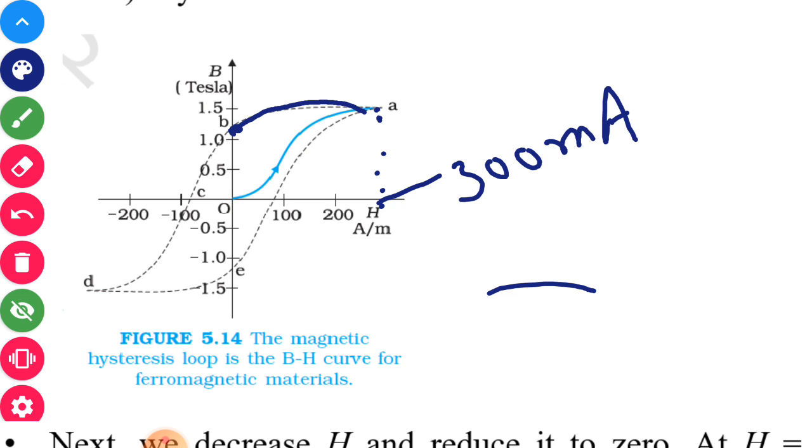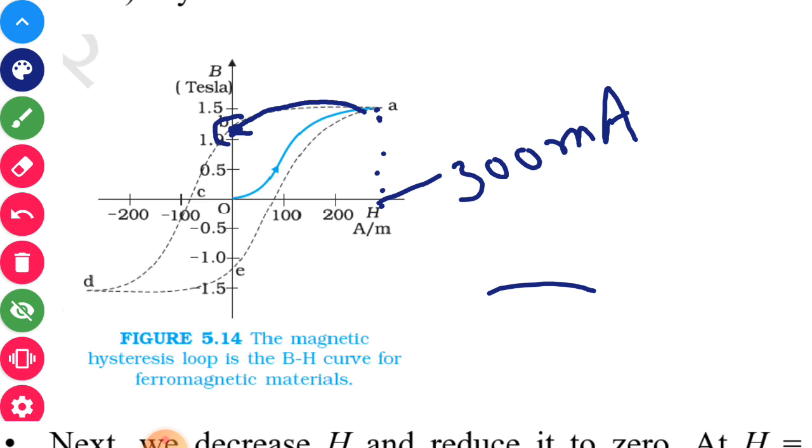So here the value of the current, that is H, which is equal to Ni, becomes 0. Still there is a magnetization. The magnetic field does not become 0, it remains at about 1.2 Tesla or whatever value this point gives here.